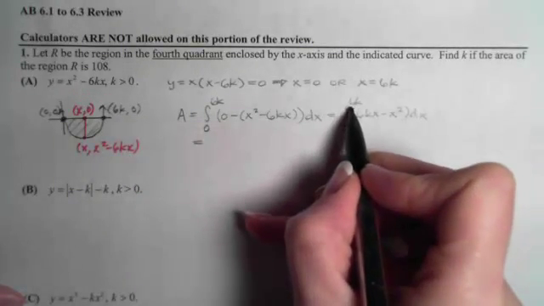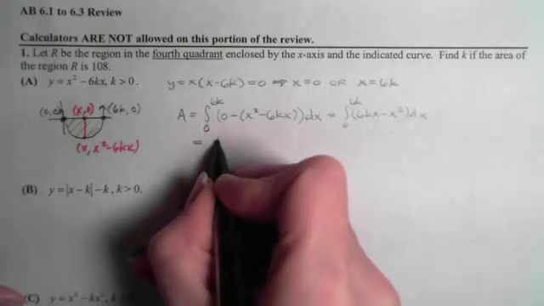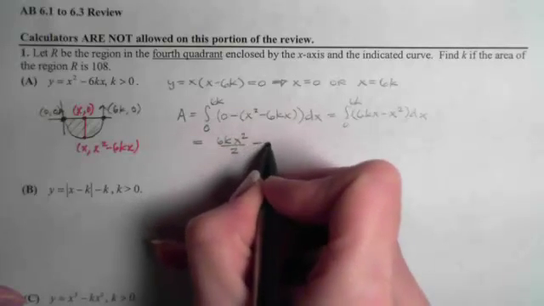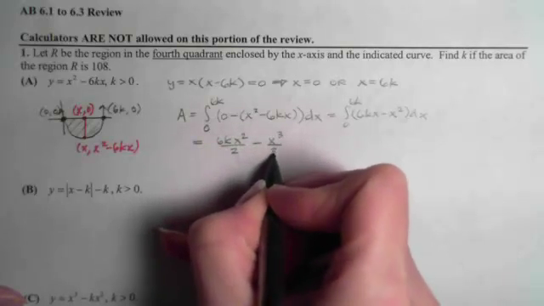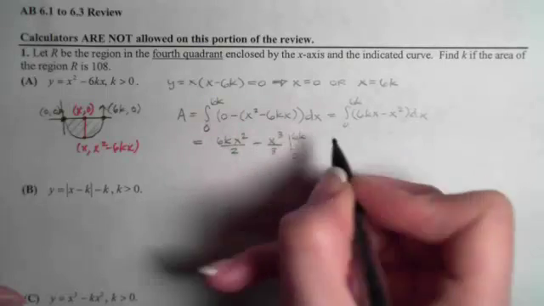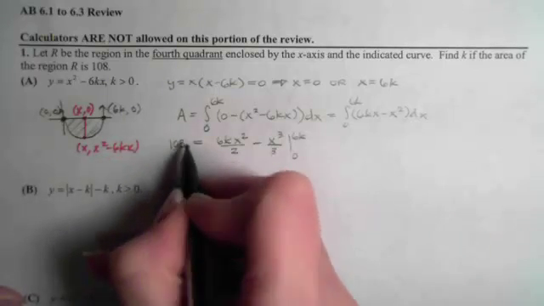We know that this says, what did I take the derivative of with respect to x that gave me the inside? So we would move through the constant, hit the x, we're doing power rule backwards, and we will evaluate from 0 to 6k. Now we know that this evaluation, or the area, needs to be 108.